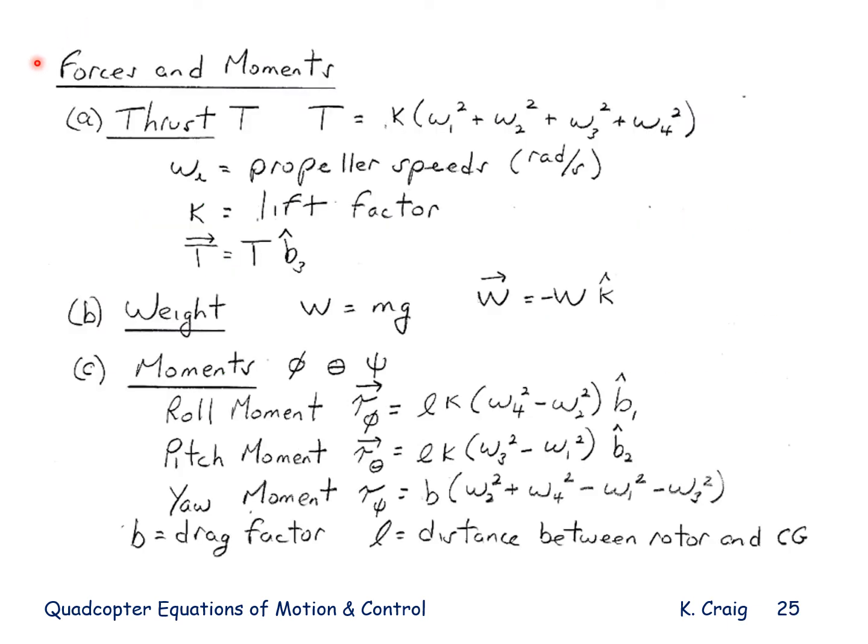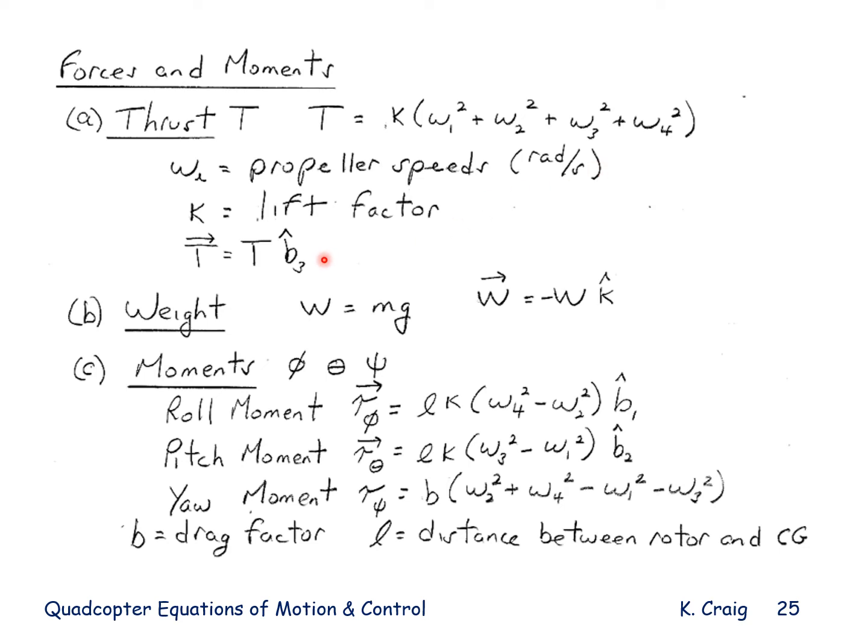To write the equations of motion for the quadcopter, we need to know the forces and moments acting on the quadcopter from the environment. The first force is the thrust force, T. Its magnitude is equal to K, which is a lift factor determined experimentally, times the sum of the squares of the speeds of the four propellers. And the propeller speed is expressed in radians per second.